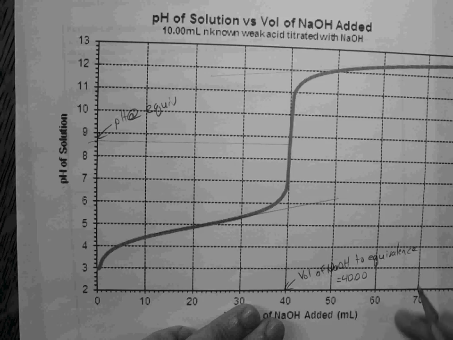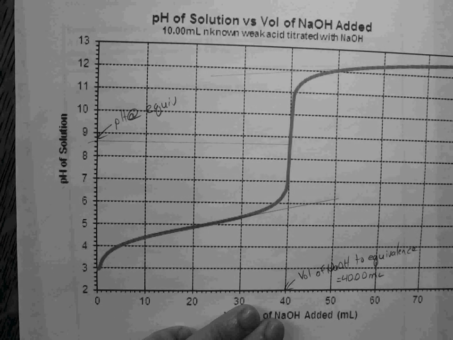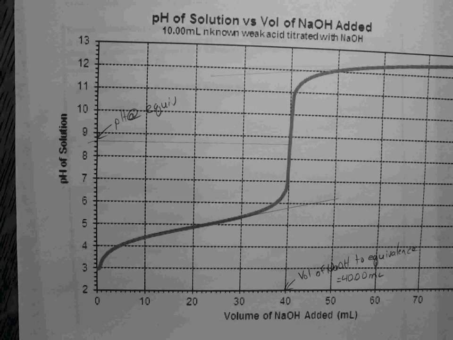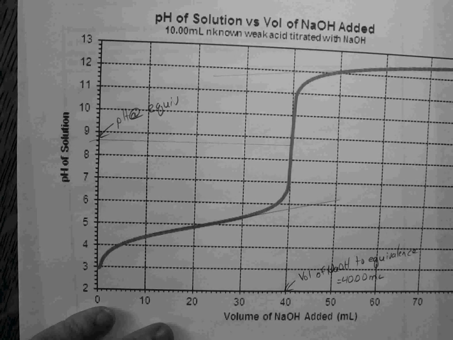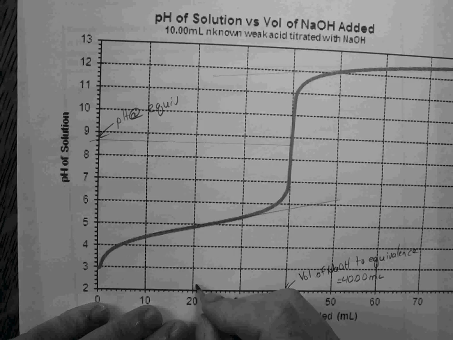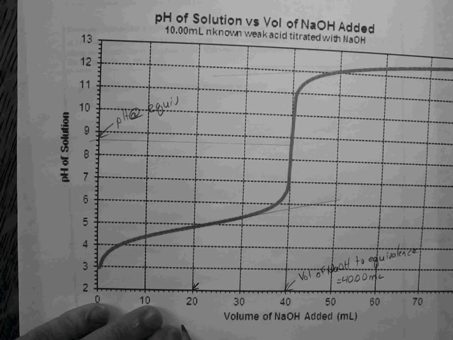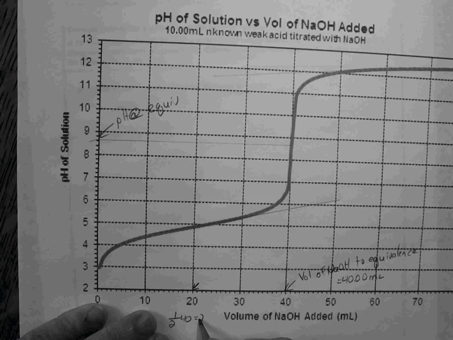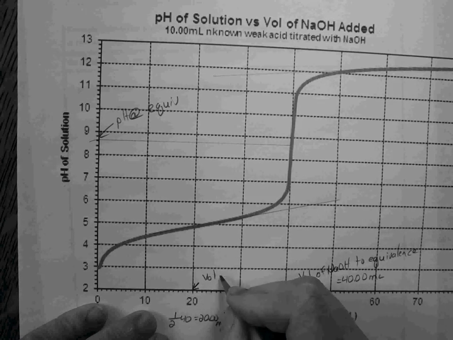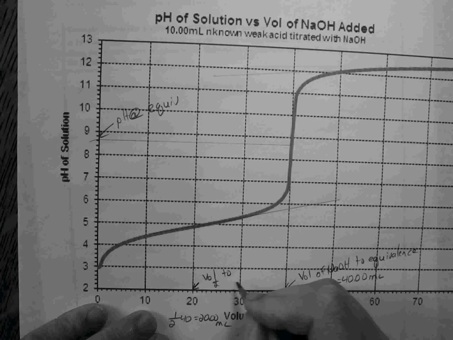We need to know this value because we need to know the volume to half equivalence, 1/4, and 3/4 equivalence. So 20 milliliters here is 1/2 of 40. So this is the volume to 1/2 equivalence.